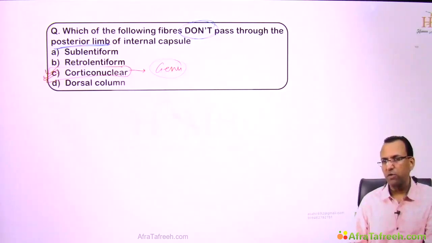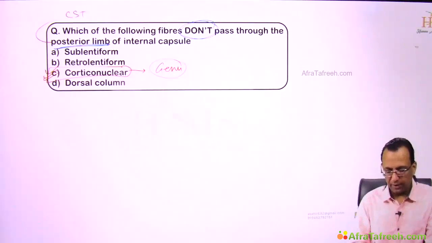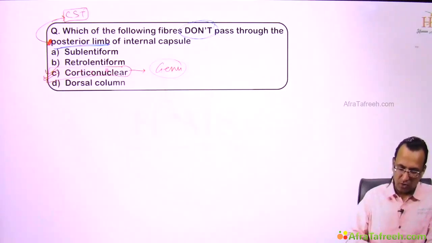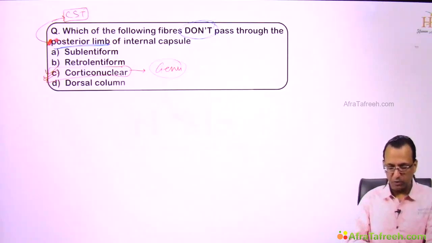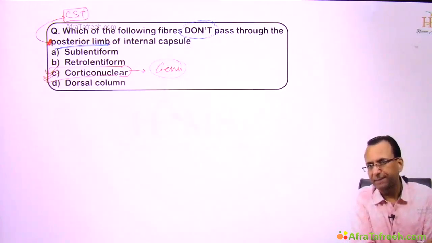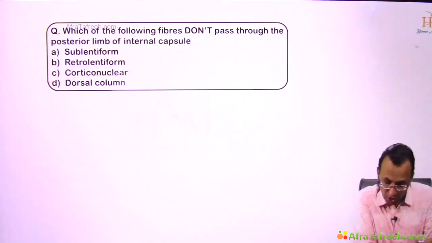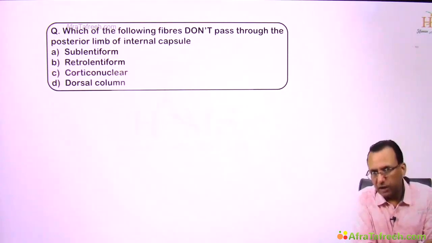It is the corticospinal tract, not the corticonuclear. The corticonuclear tract passes in the genu of the internal capsule, because the posterior limb has the corticospinal tract. And the sublentiform fibers are there too.